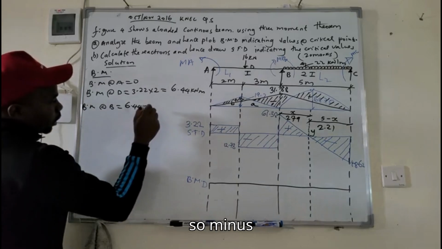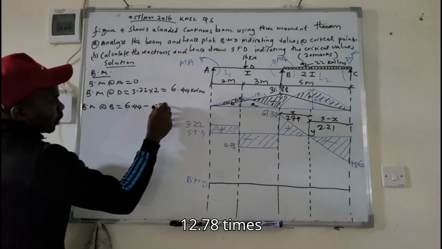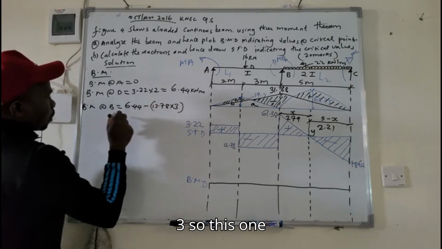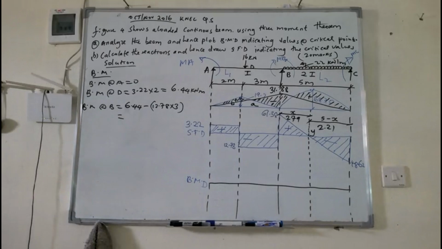So minus 12.78 times 3. So this one will give you negative 31.9.